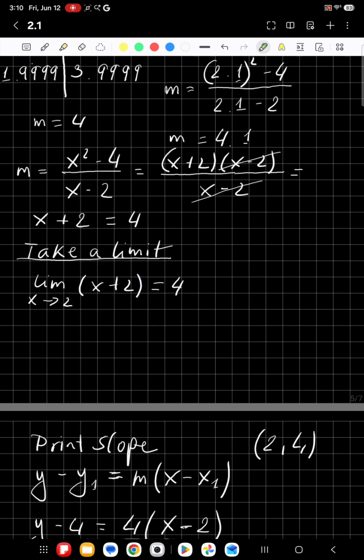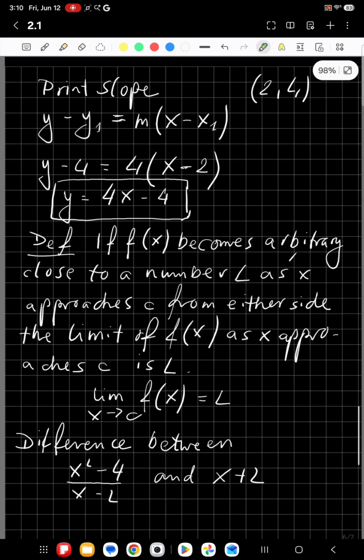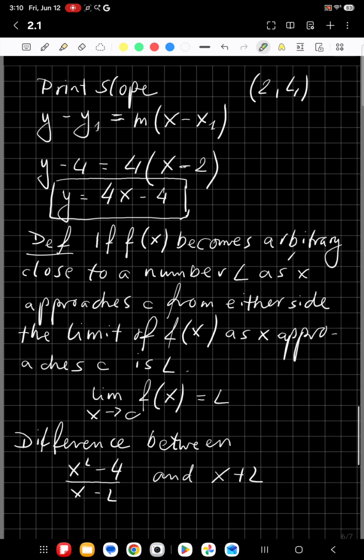When we cancel that x minus 2, I don't have that 0 in the denominator anymore, because I don't have a denominator. I just have x plus 2. I plugged in 2 for x, and I got 4. So we confirmed the same result. This was a numerical approach, and this is an analytical approach, a calculus approach. Then we finished by finding the actual equation of the line.